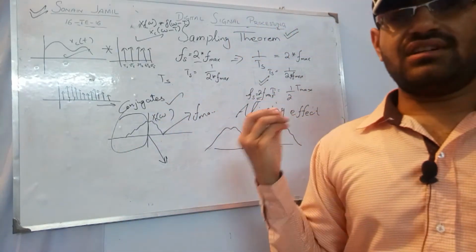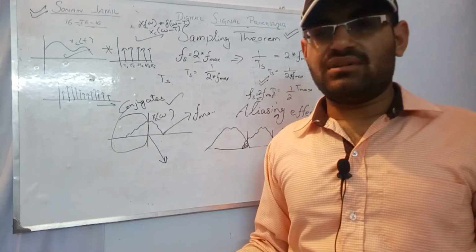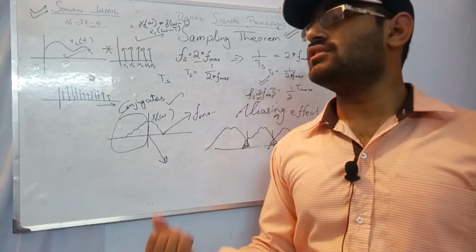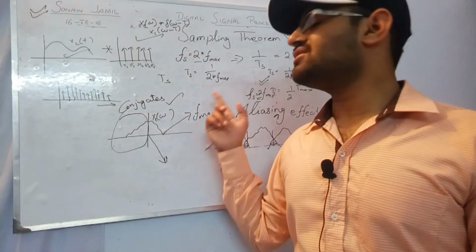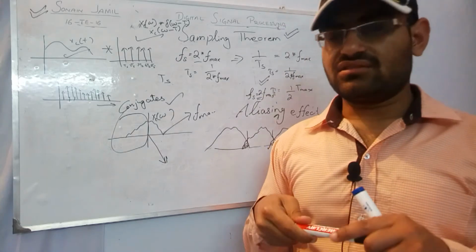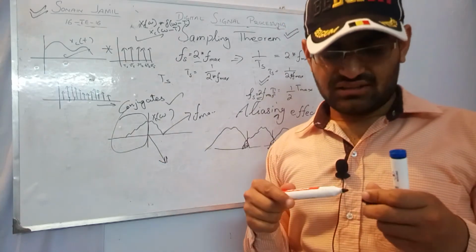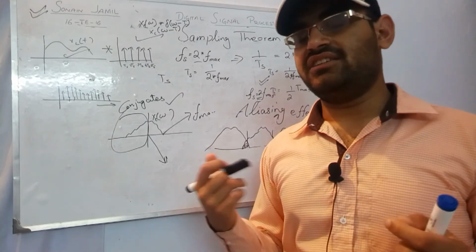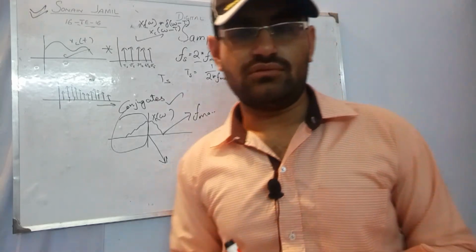If we have undersampling, what will happen? If we oversample, what will be the result? If we don't follow the Nyquist rate, what will happen? If we follow this, can we construct the signal or not? All these things will be seen in MATLAB in detail. That's it for today's lecture.